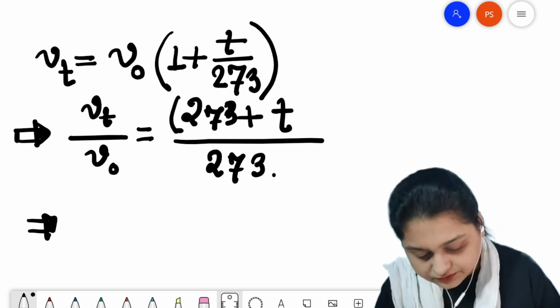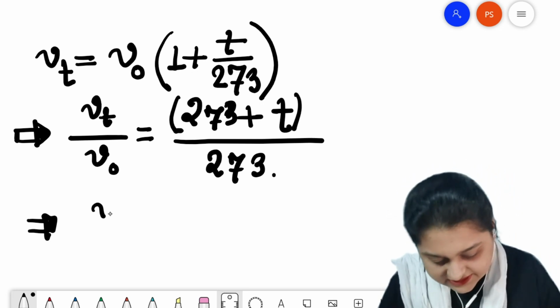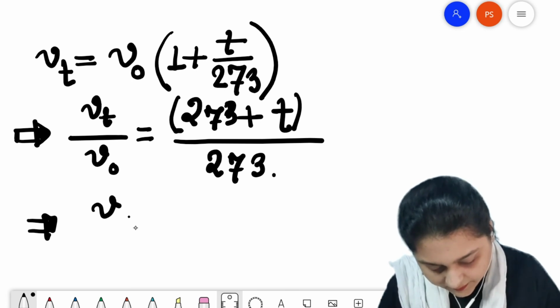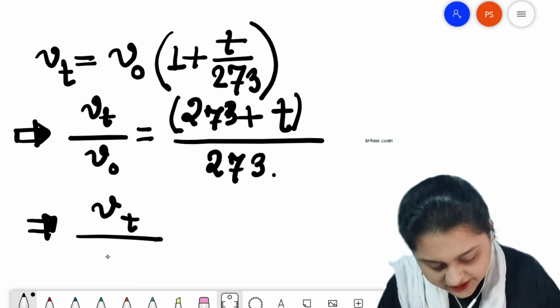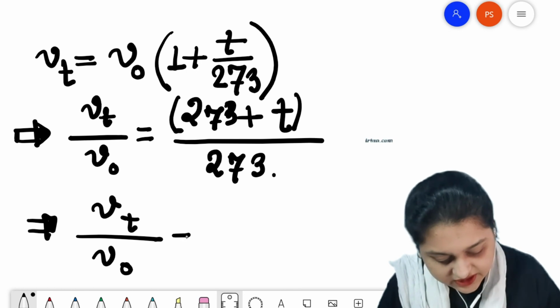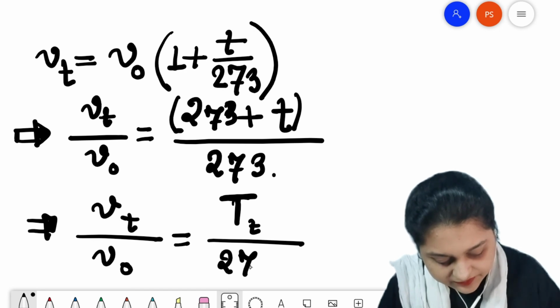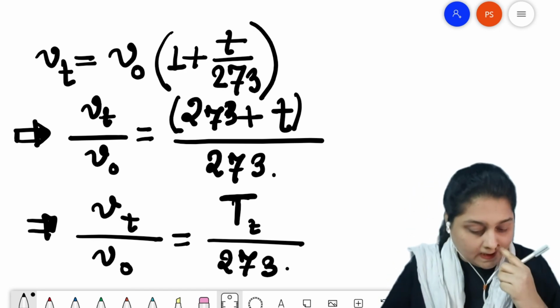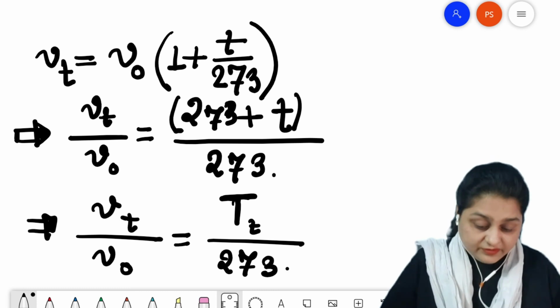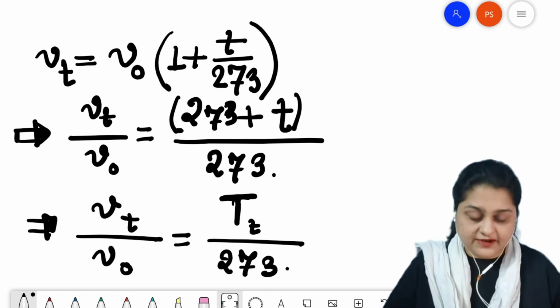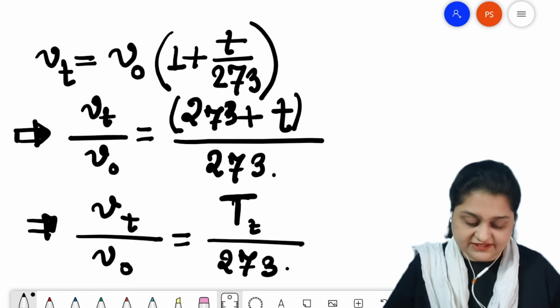Therefore, Vt by V naught is equal to (273 plus T) by 273, that is, the temperature on the Kelvin scale corresponding to T degree Celsius.